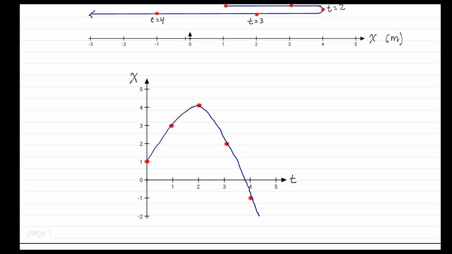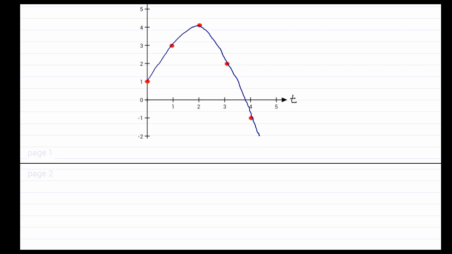There. So that's our position versus time graph. Now what can we do with this? Well, we can get a lot of information from this graph. So I'm just going to copy this, and we're going to plot it again on another page here.